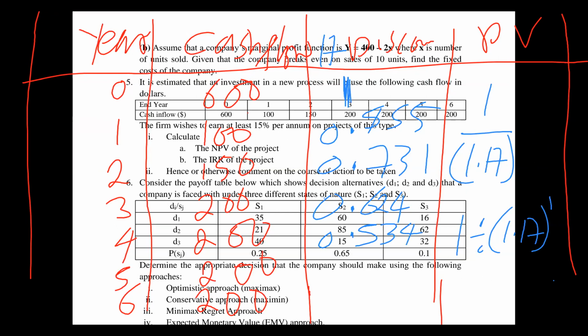Raising this number to the power 5, what you get is 0.456. And the last one, you raise it to the power 6, it shall be 0.390. That is how we find the discounting factors.